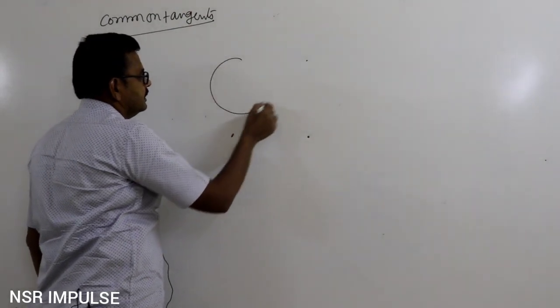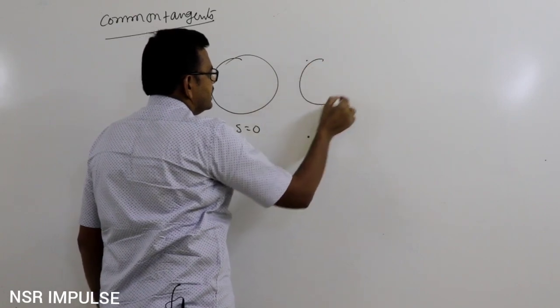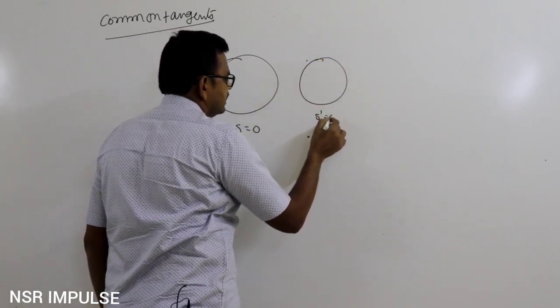For example, S equal to 0 is a circle and S dash equal to 0 is another circle.